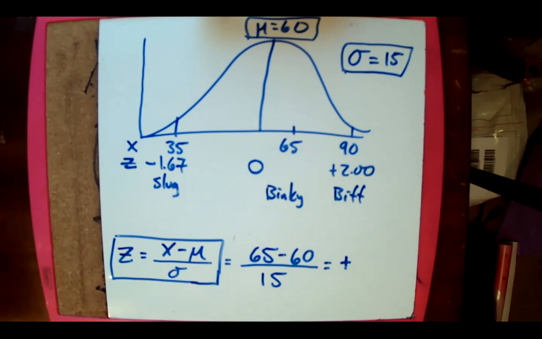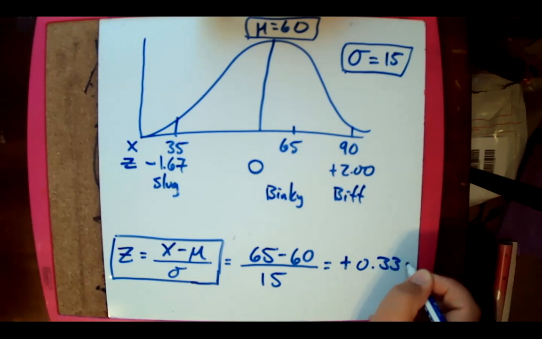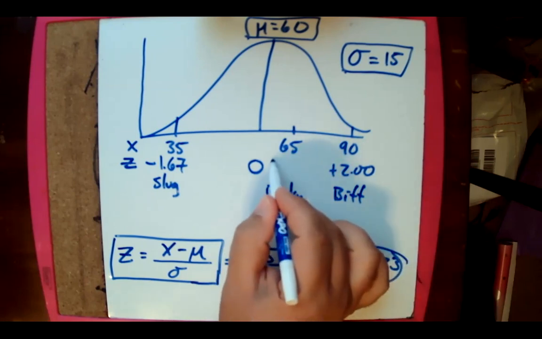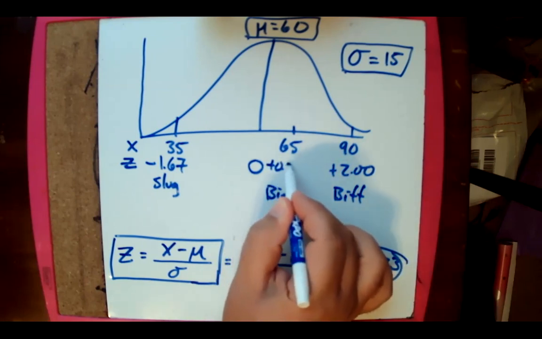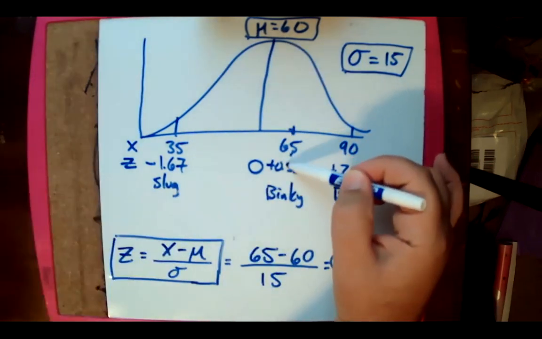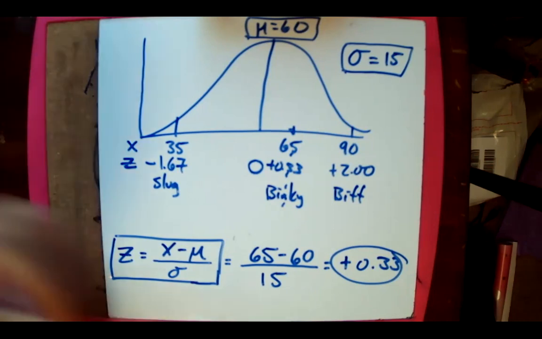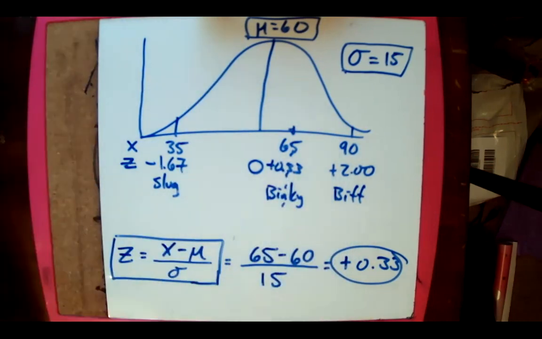It's to the right. So 65 subtract 60 divided by 15. Well, that gives us 5 divided by 15, which is 0.33. So we would say for Binky, that score of 0.33 is 0.33 standard deviations above the mean.